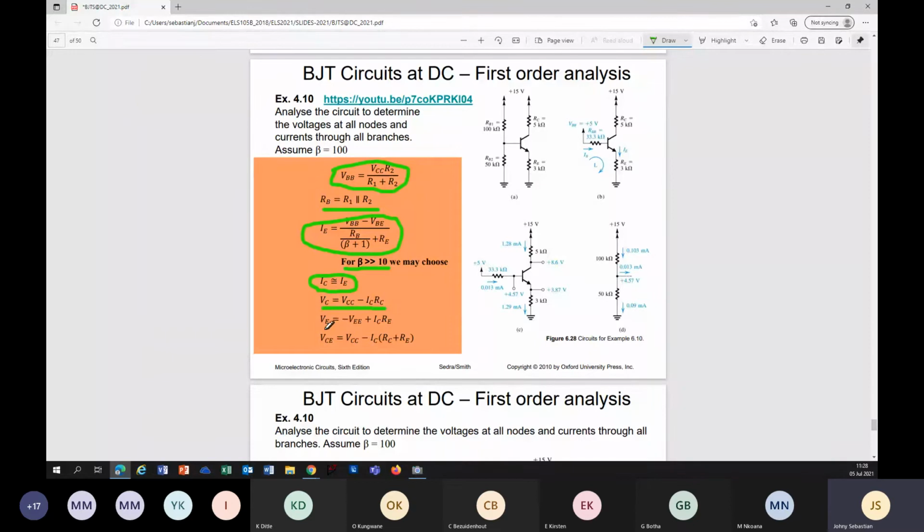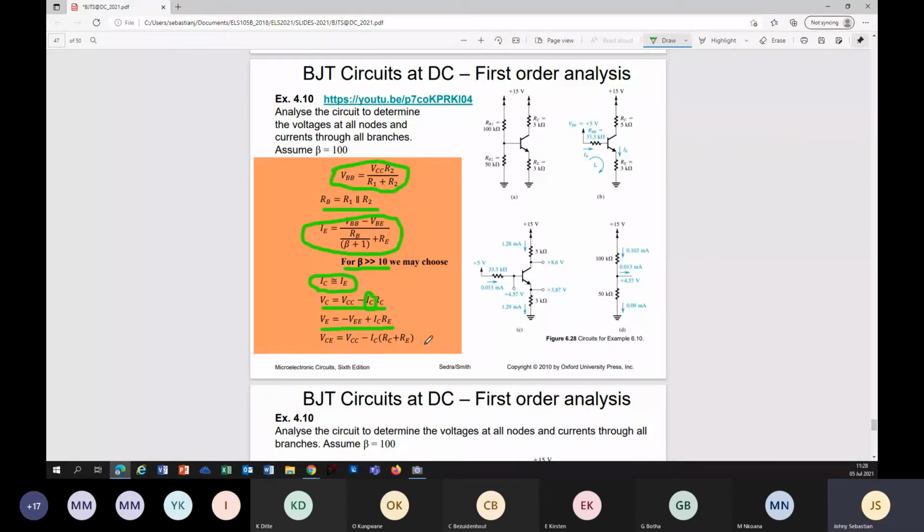Voltage at the emitter is negative supply voltage times, remember, wherever you see IC, we are allowed to use IE. VCE is VCC minus IC times RC plus RE.